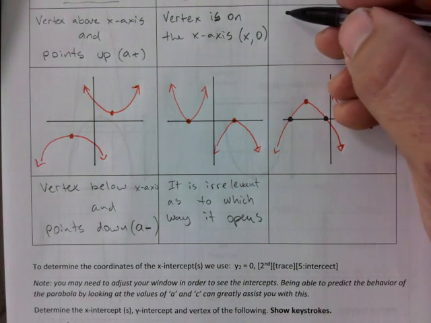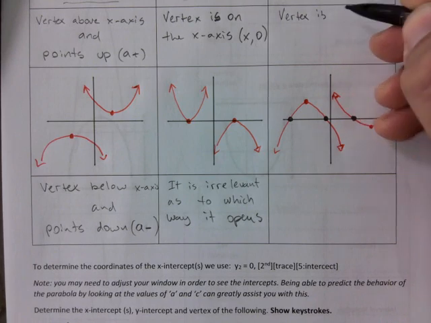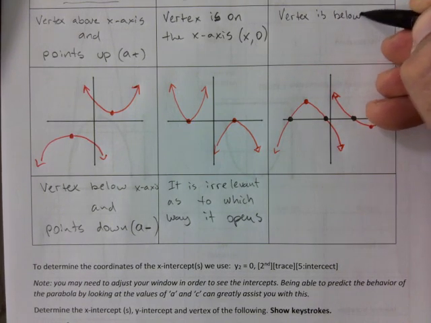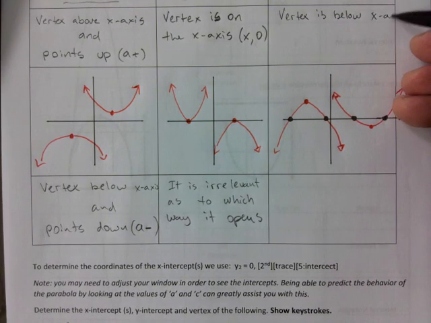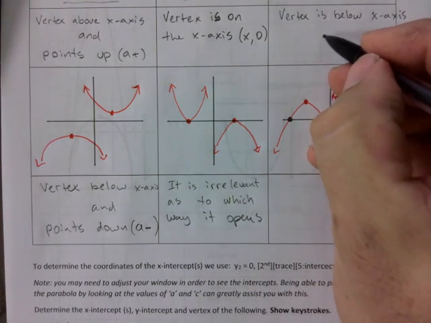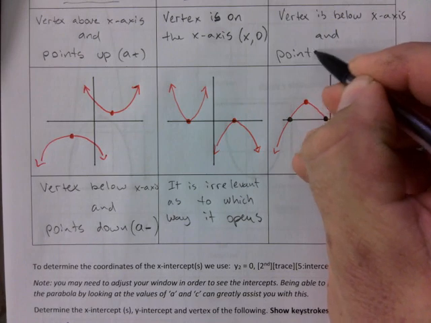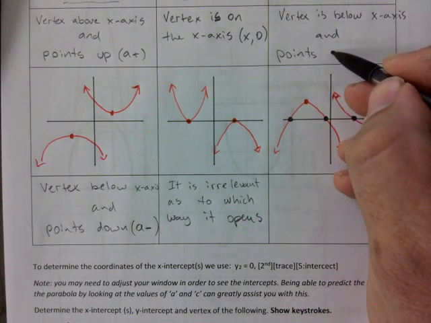2 x-intercepts, vertex is below the x-axis. Try to use that terminology. Sometimes students say, oh, the vertex is negative. There's 2 numbers in the vertex, so which one do you mean, the y value, right? And points up.